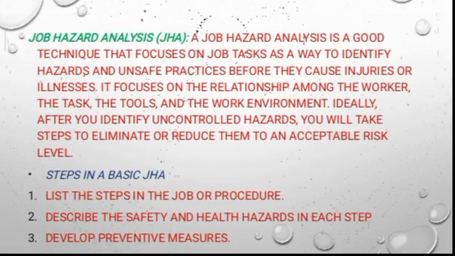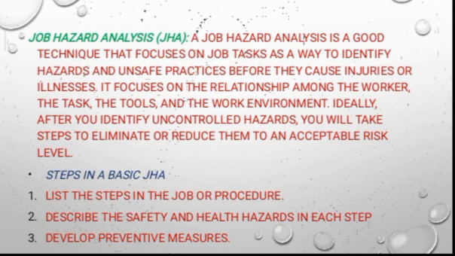Then we have the job hazard analysis, the JHA. The JHA is basically an in-depth analysis of a job task to identify hazards or unsafe practices. You can go as far as analyzing the task, the tools used in the task, and even the work environment in detail to identify these hazards and unsafe practices that can lead to hazardous situations.